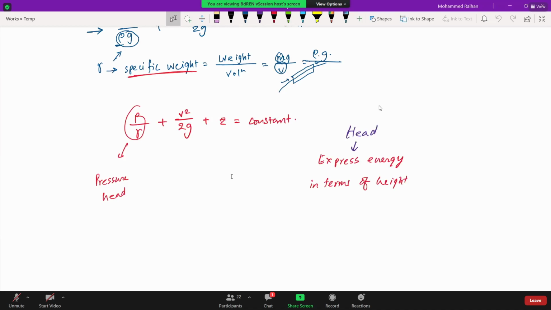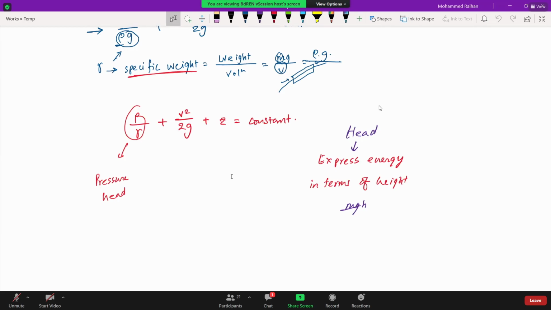So when you express energy in terms of height, let's say mgh, instead of writing mgh, if you write just h, you are expressing energy in terms of height. So that is basically the head.